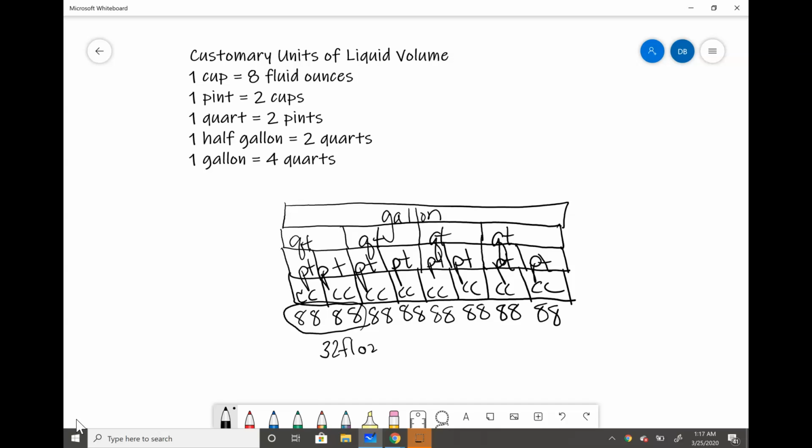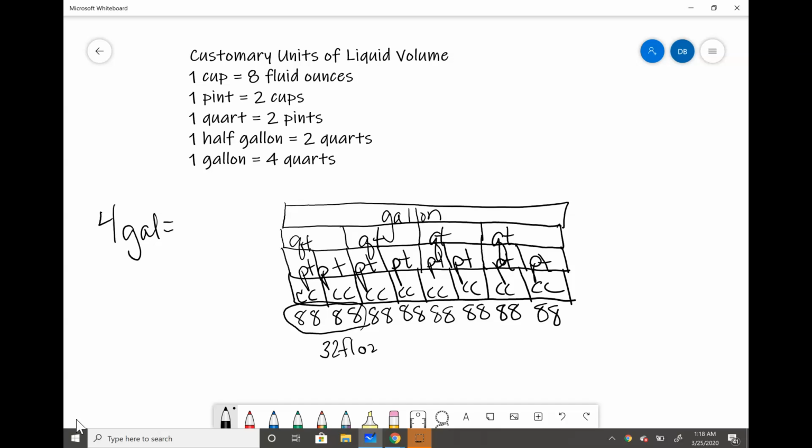Okay, so using a model like bar models or strip diagrams to see the relationship between units of liquid volume is very helpful. So let's say I had 4 gallons and I asked you how many pints would be in 4 gallons.